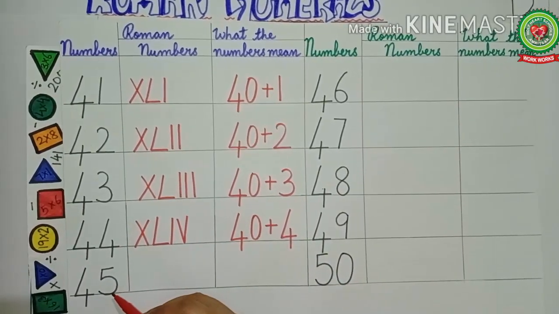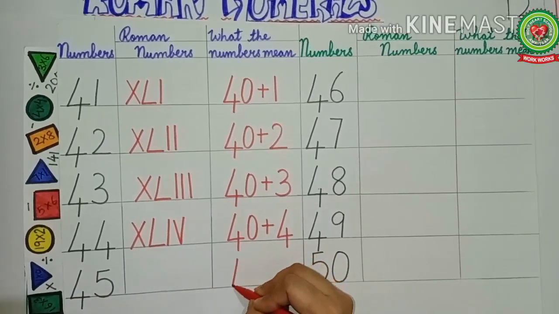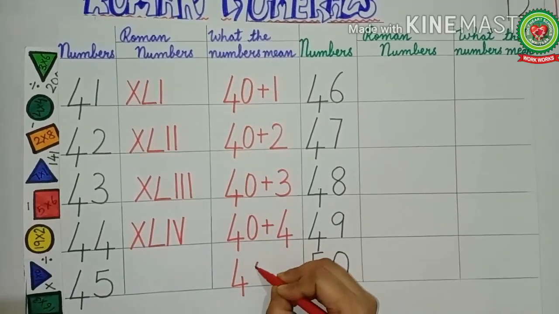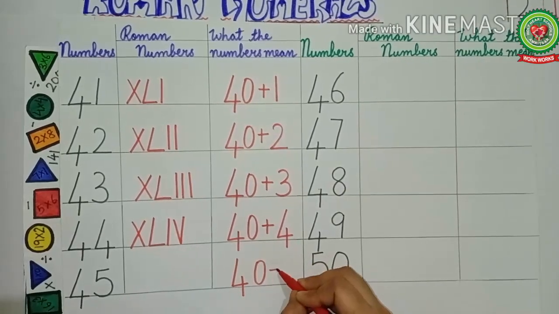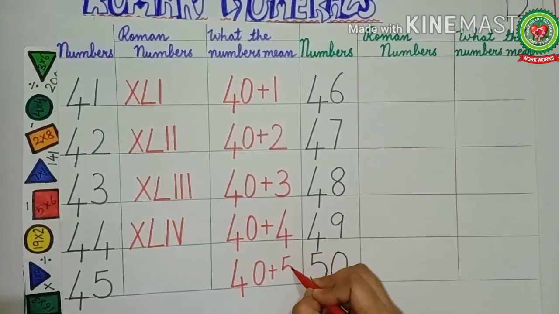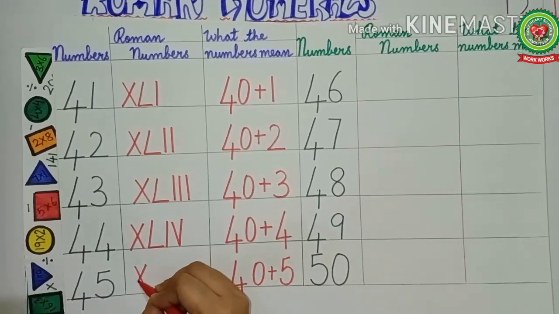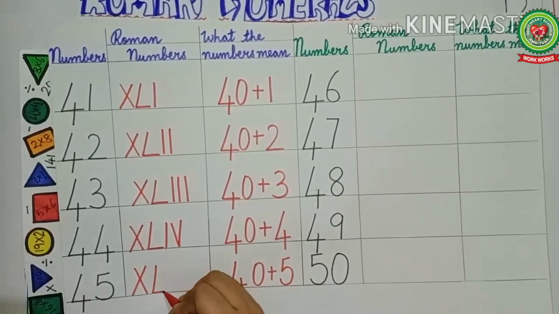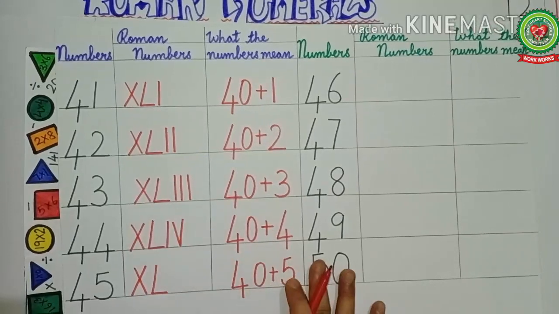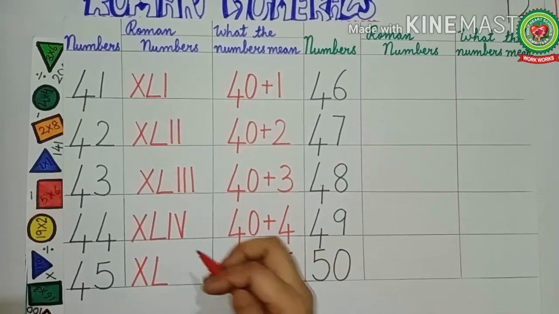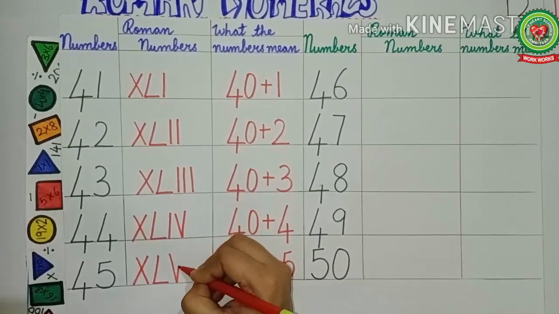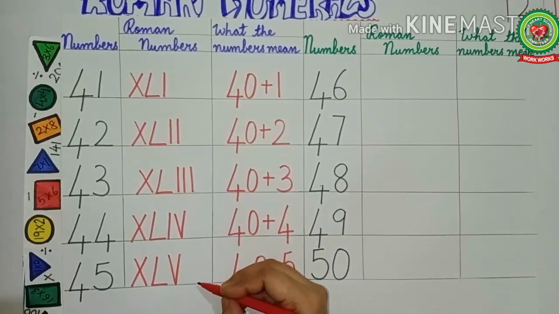Now next is 45. How do we write 45? That is 40 plus 5. Now how do we write 40? That is XL. Now how do we write 5? We know we write 5 as V. So it becomes XLV, 45.